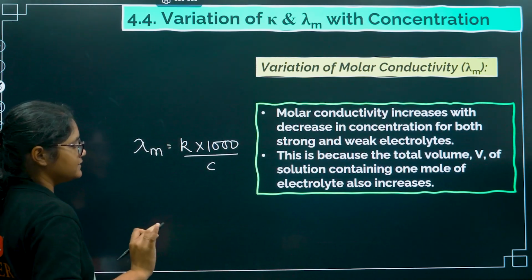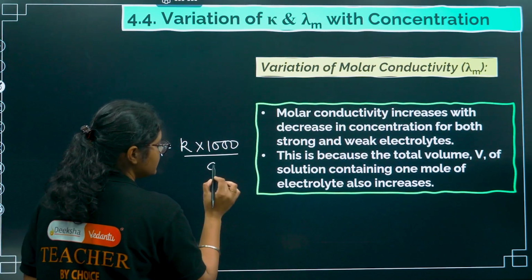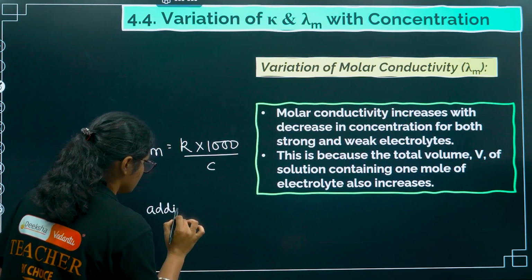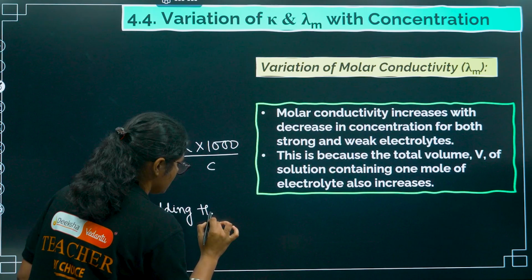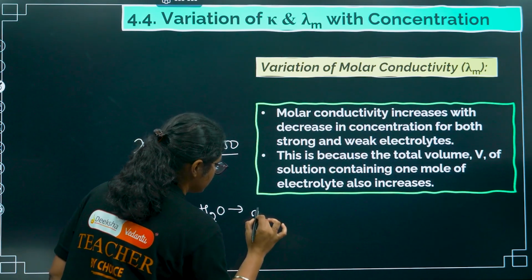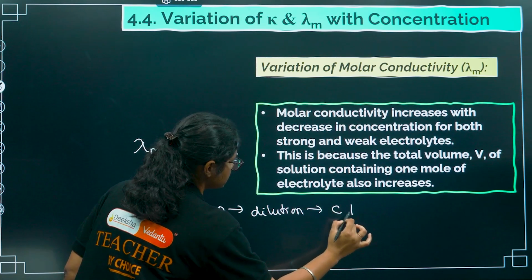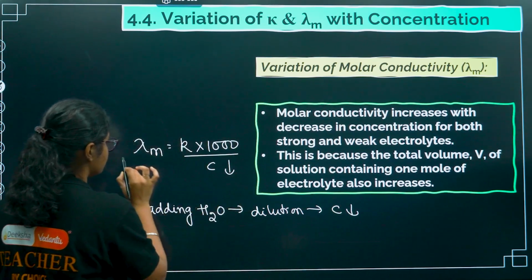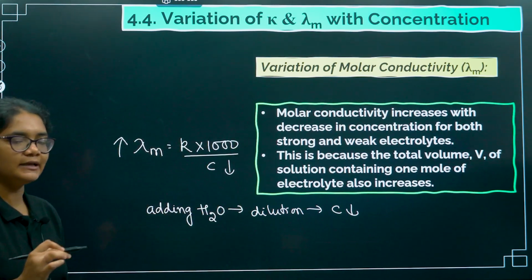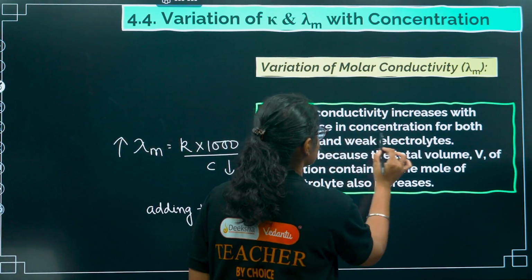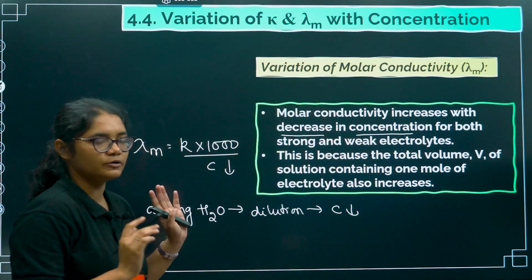Kappa into 1000 by C. So now, if you are adding water, that is dilution, and dilution means concentration will decrease. If concentration decreases, molar conductivity will definitely increase, right? So molar conductivity increases with the decrease in concentration. You can see that from the formula directly.